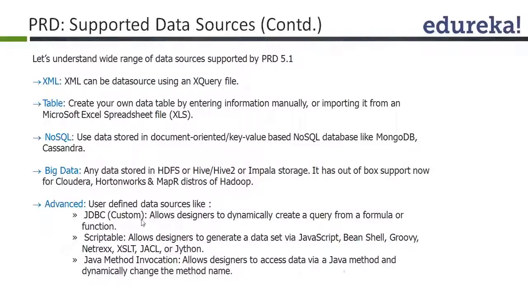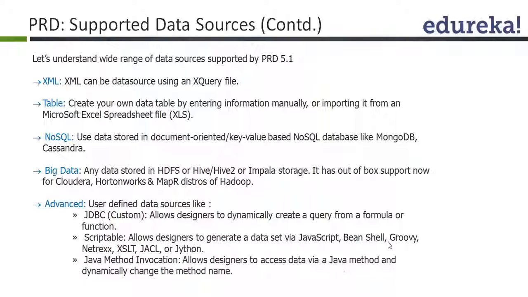Then these are a few advanced data sets, or rather I would put it customized data sets. You can write some SQL and use the outcome of that SQL, that record set, as a data source. So that is also possible. Or these are scriptable, so you can use JavaScript or BeanShell.